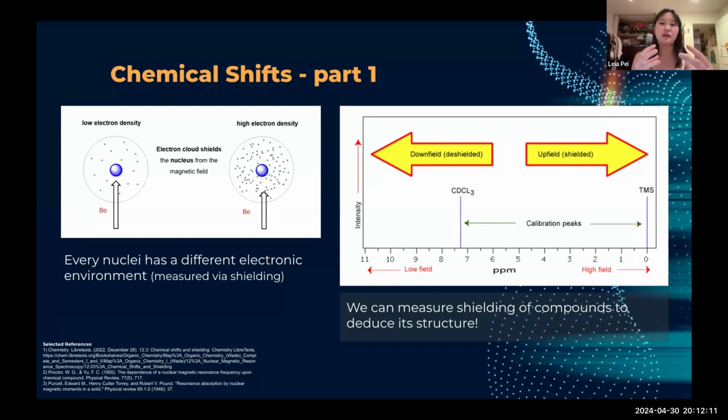And this is because of that high electron density around it, which will oppose the external electromagnetic field coming from the NMR spectrometer. So this means that these resonance signals are unique to each nucleus, and they will then be measured by the chemical shift values in the resulting NMR spectra, which we will talk more about in the next slide.